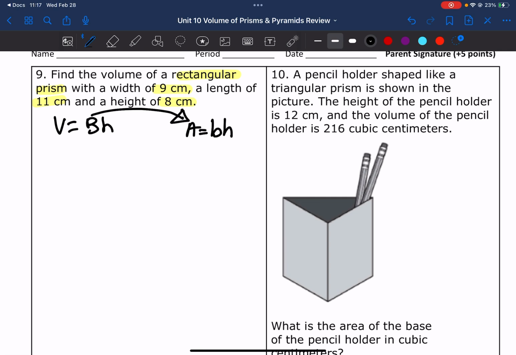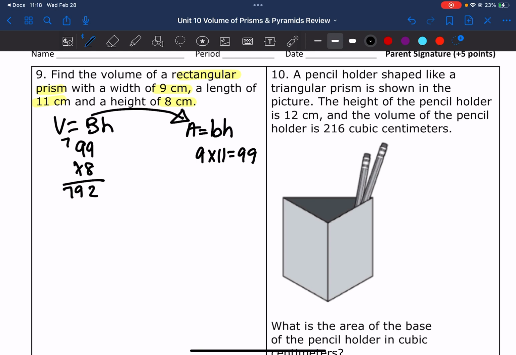Here's the thing, though. What can we do? We can just do over here 9 times 11, which is going to be 99. And then over here, it'll be 99 times 8, okay? 9 times 8 is 72, 9 times 8 is 72 again, and then 72 plus 7 will be 79.